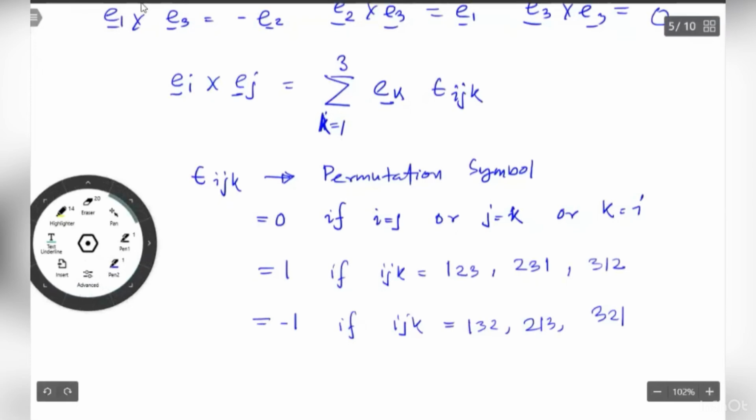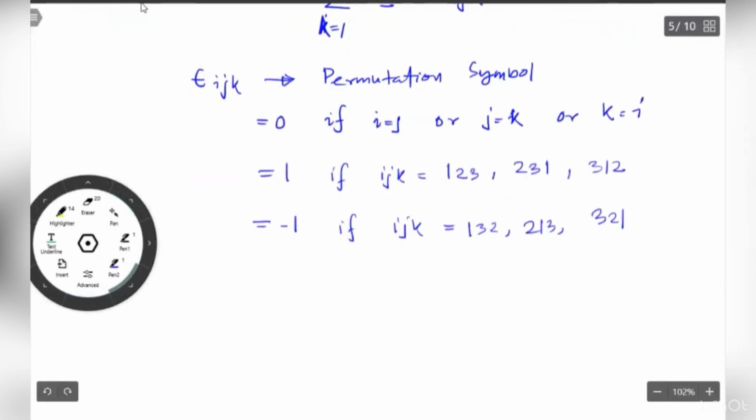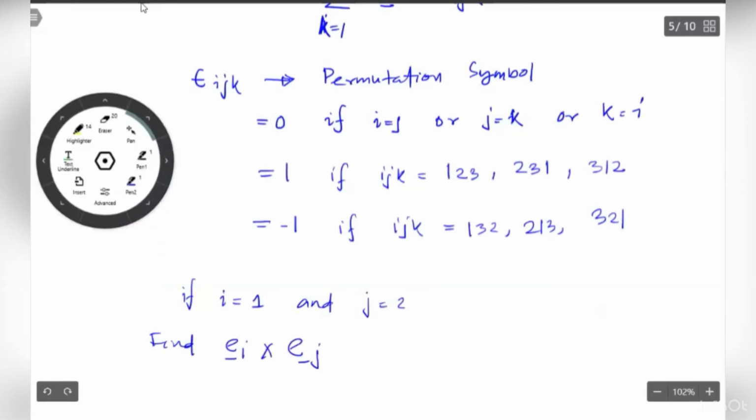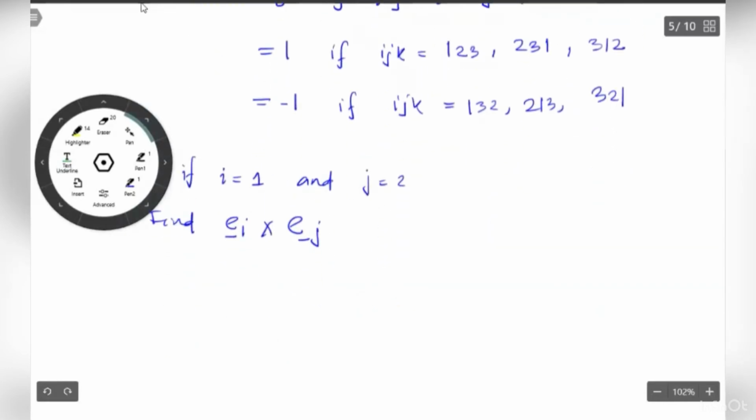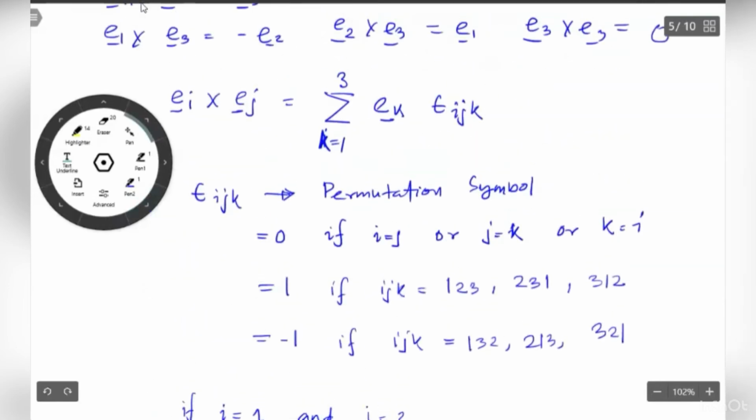ei cross ej or not. Let's say i equals 1 and j is equal to 2. So ei cross ej is the summation over k equals 1 to 3 of epsilon ijk ek.